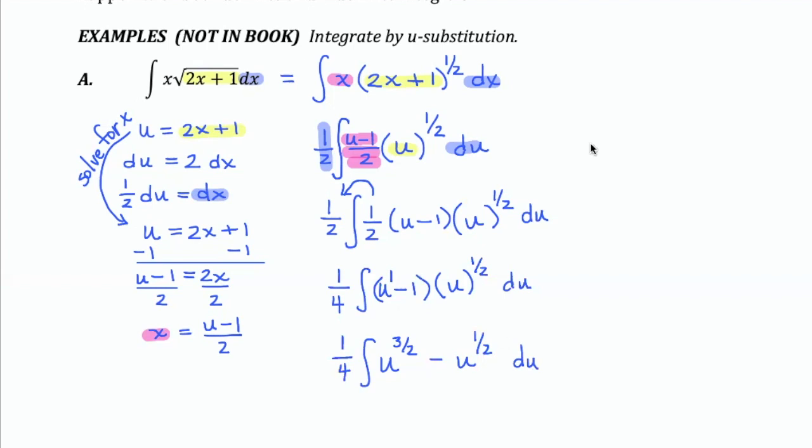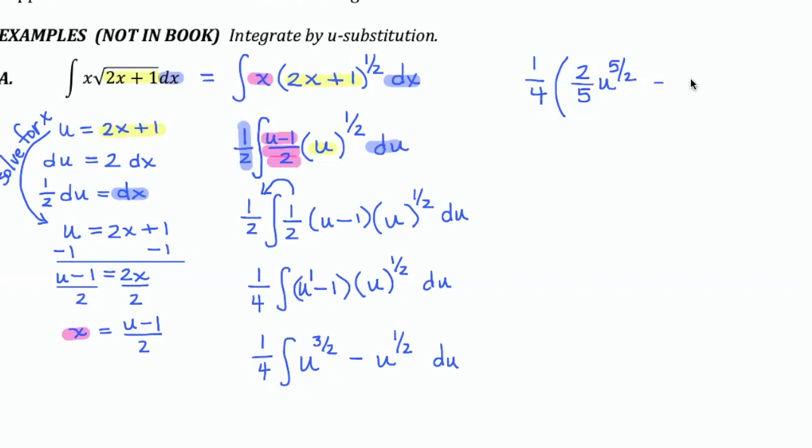Now I'm ready to integrate. So back up here, I'm going to go ahead and write this with my 1/4 constant. Then u to the 3 over 2, I'm going to add 1. So it's going to become u to the 5 over 2. Put the reciprocal in front. Minus, I'm going to add 1 to 1 over 2, and it becomes 3 over 2. Put the 2/3 in front, and then of course we'll have the plus c.